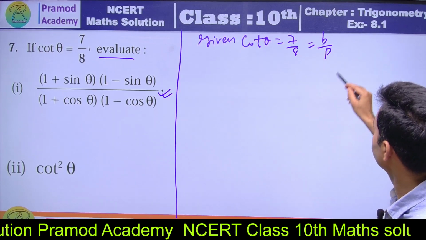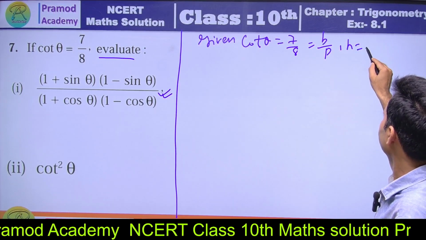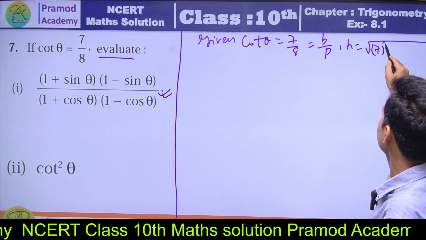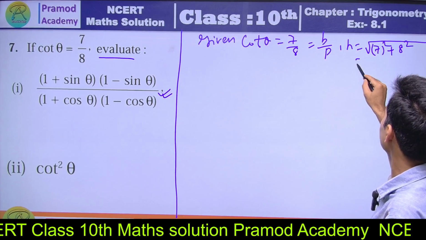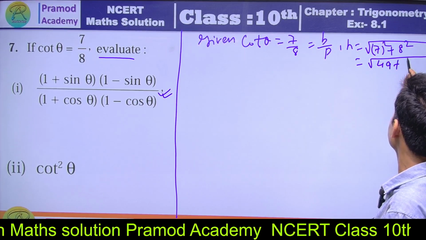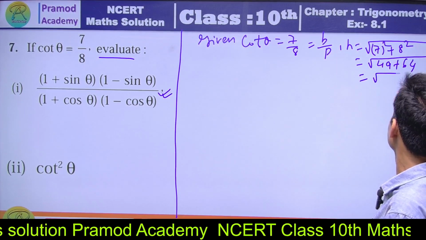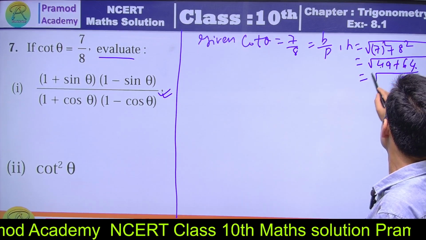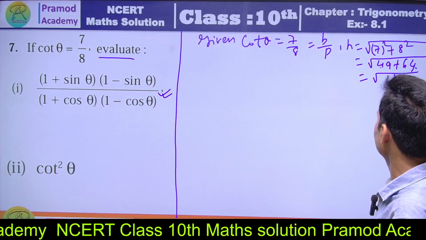Here H is absent, so we have to find the value of H. So P square plus B square. What will be the value of H? 49 plus 64, here the value is root 113.